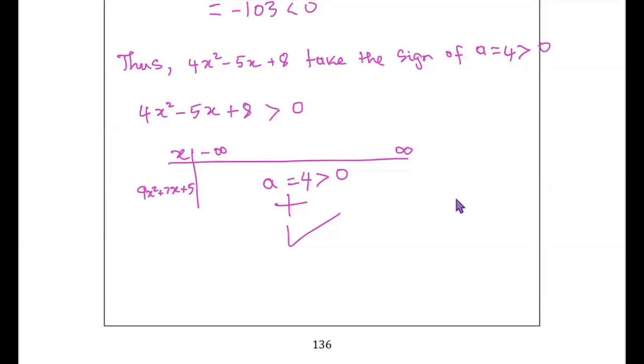So we have the expression 4x squared minus 5x plus 8 that is always positive. So your solution will be all real numbers.